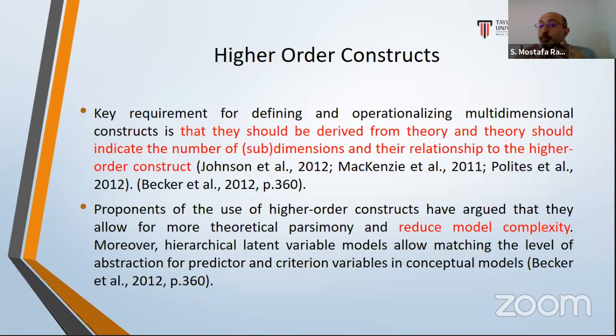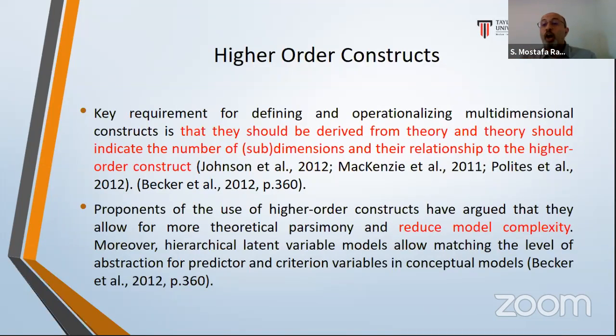So again, it's not possible to establish a higher order construct, because if we do, we lose the relationship between dimensions and other variables in our framework. If our objective refers to the effect of the second order construct on other variables, it's fine, and if we have support from measurement theory, we can establish a higher order construct.